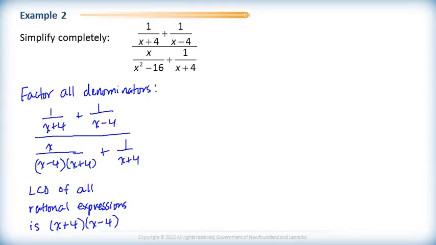Next, we find the lowest common denominator of all the rational expressions, not just a particular pair, but all 4 in this case. So we have x plus 4, x minus 4 as the LCD.